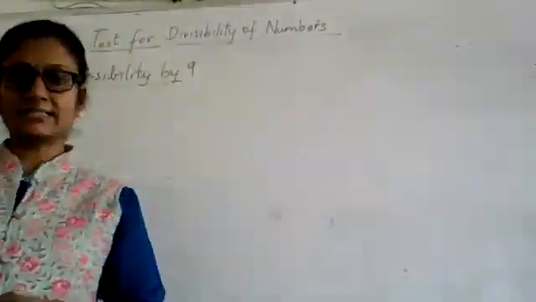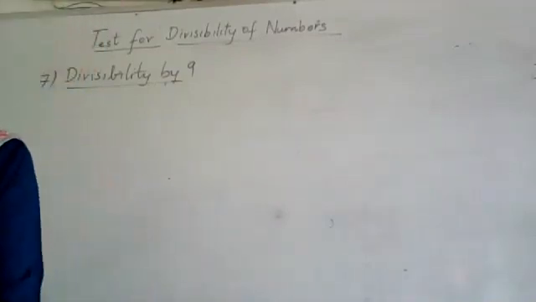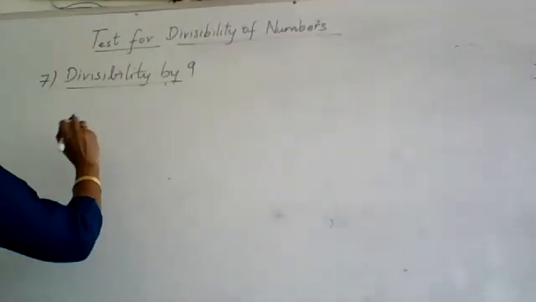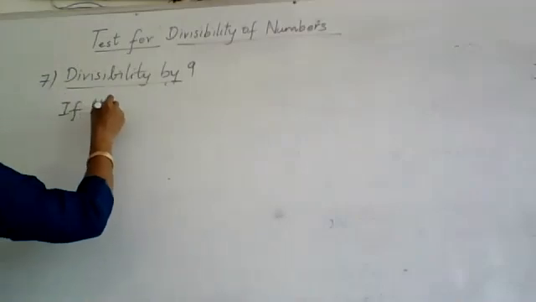So I hope you understand the divisibility test for 3. Okay, the next one is the divisibility by 9. It is very similar to that of the divisibility test for 3. Now for this you have to add again the digits.